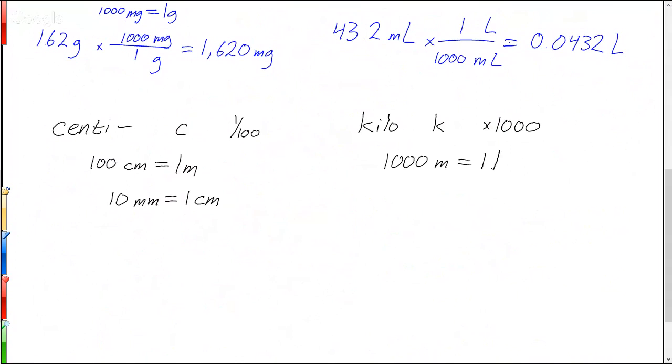Let's just make it km. Similarly, 1,000 grams in a kilogram, 1,000 liters in a kiloliter. You could use that for any of those units as well. Okay, so those are the 3 units that you should know.